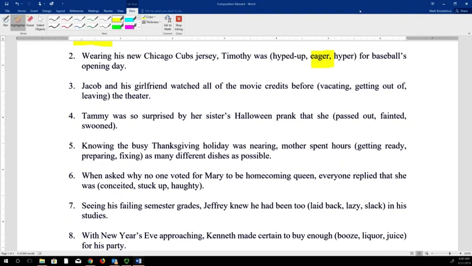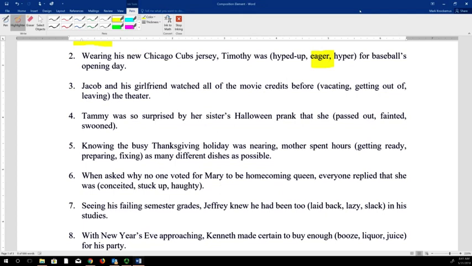The other two terms are both slang. What are the clues there? Hyped up. Hyped, you've probably heard that used often in slang reference, as well as it has the direction. And then hyper, that comes from hyperactive, but we shorten it. Anytime that we shorten words or do anything like that, that would be slang.